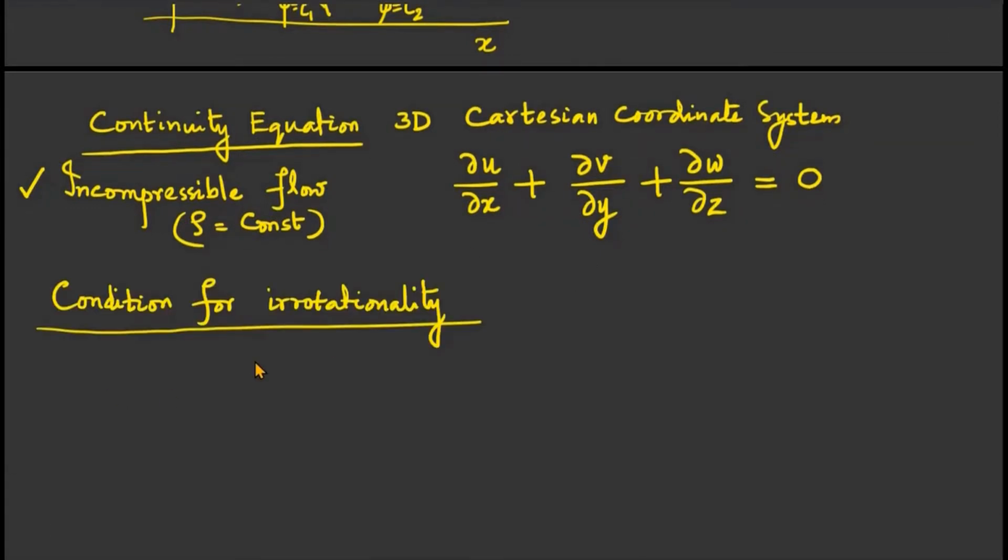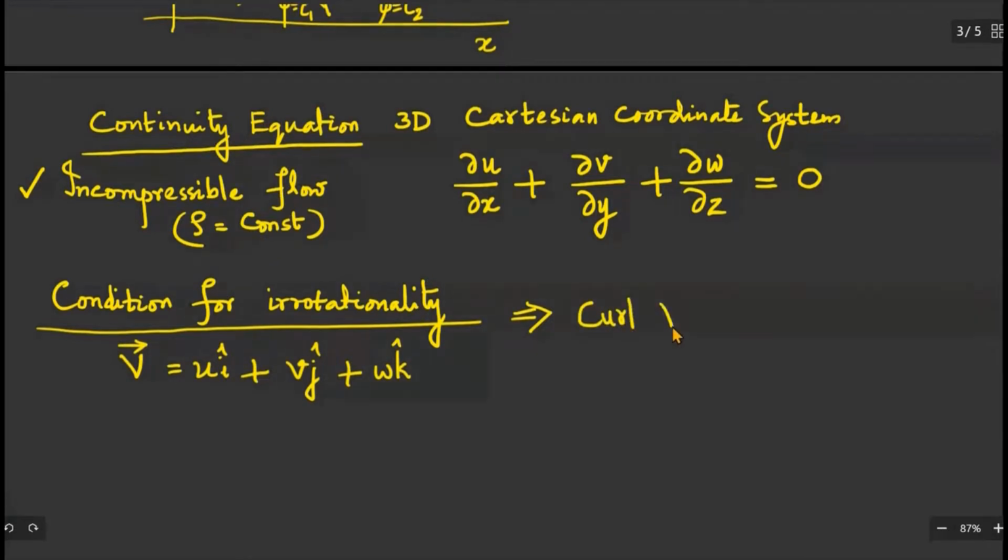Condition for irrotationality. If you are given the velocity vector, let's say V is equal to ui plus vj plus wk, and these velocity components are given, how do you find out? The condition for irrotationality is this: we take the curl of the velocity vector. This is a mathematical concept. The curl of the velocity vector must be equal to 0.